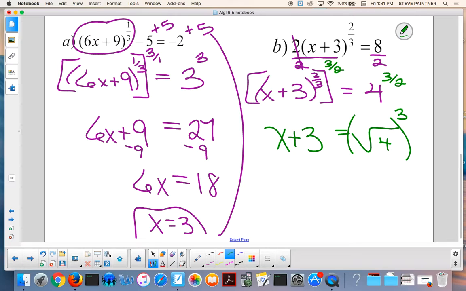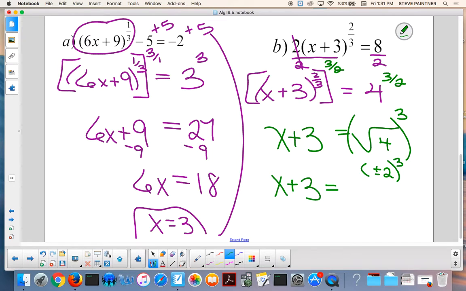Yes. There's 2 answers. When you guys are taking even roots of positive numbers, you're supposed to say 2 and negative 2. If it's an even root, there's 2 answers. So you would say plus or minus 2. Cube it. Hang on. We're not done.